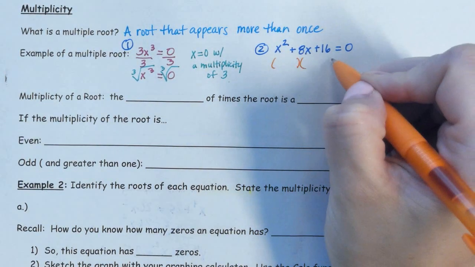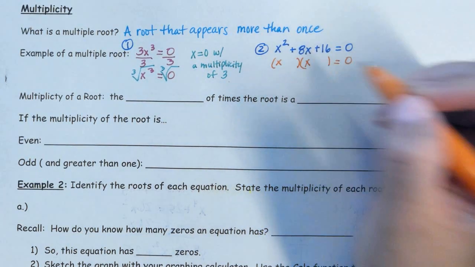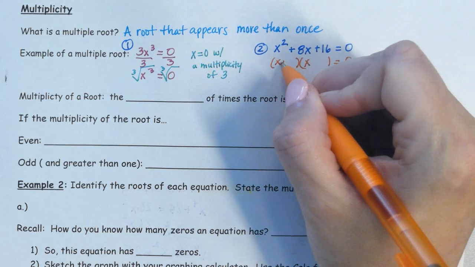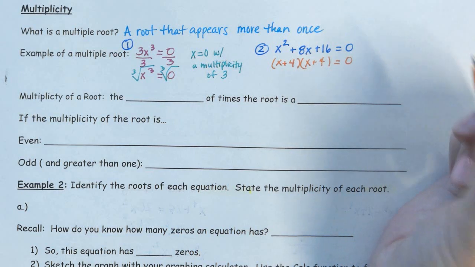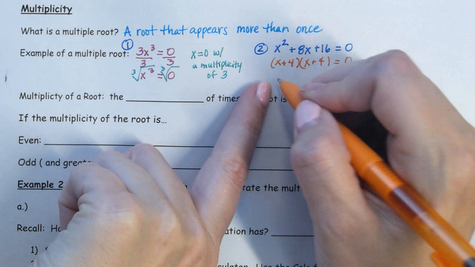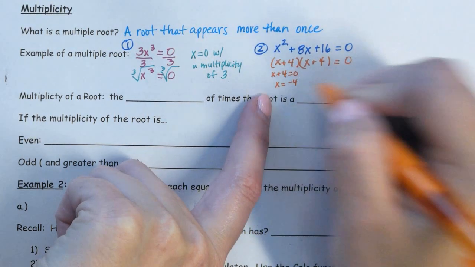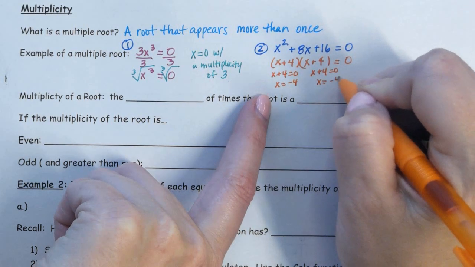I need two values that multiply to 16 but add to 8. This is one of our perfect square trinomials, right? So x plus 4 equals 0, and you got x equals negative 4, and then x plus 4 equals 0 here, x equals negative 4.